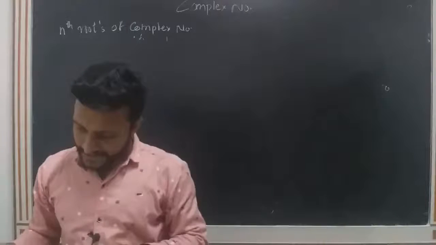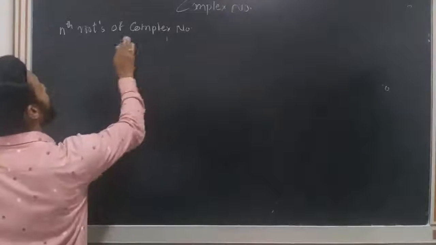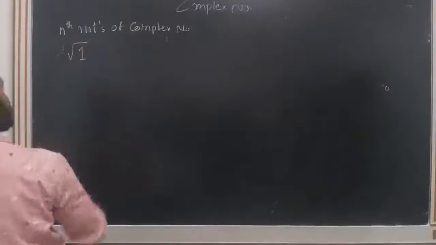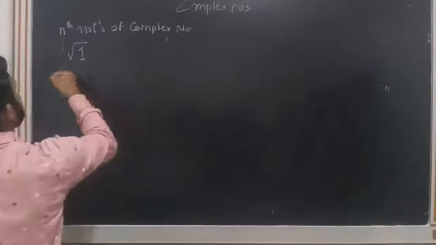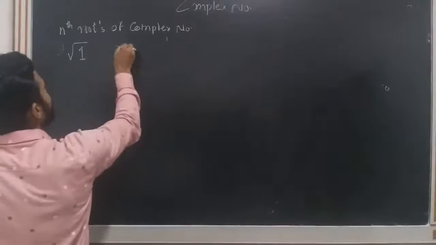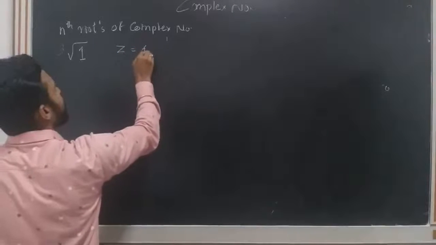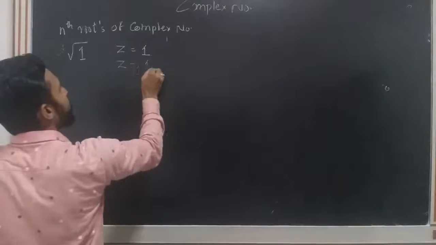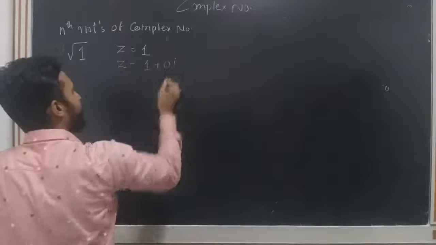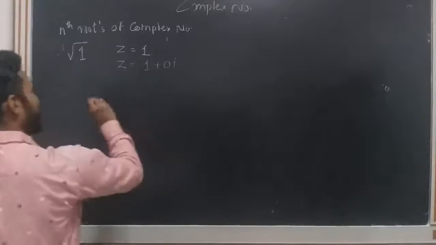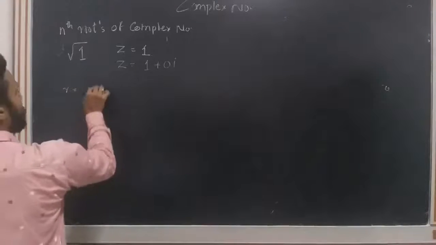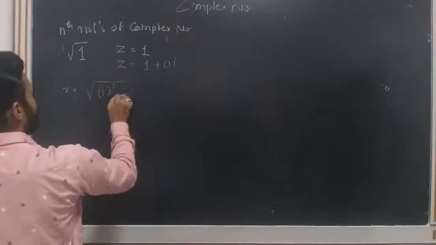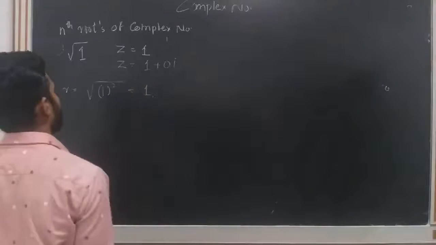So the first example is, find the cube root of 1. Okay, so here z is equal to 1, or we can write z is equal to 1 plus 0i. Then find r, which is equal to the square root of 1 squared plus 0 squared, which is equal to 1.